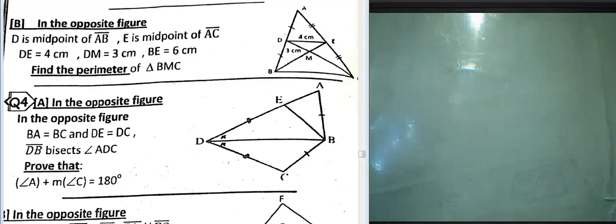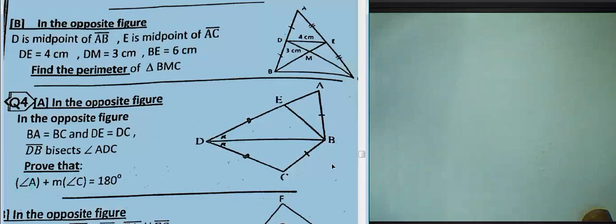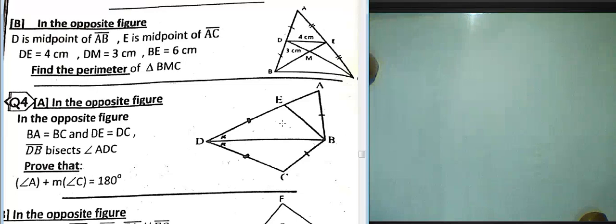Okay, my students, look at question number 4. In the opposite figure, he wants to prove that the measure of angle A plus the measure of angle C equals 180 degrees. Okay, we have two triangles here, or a lot of triangles here, but we must keep in mind all the steps about triangles.